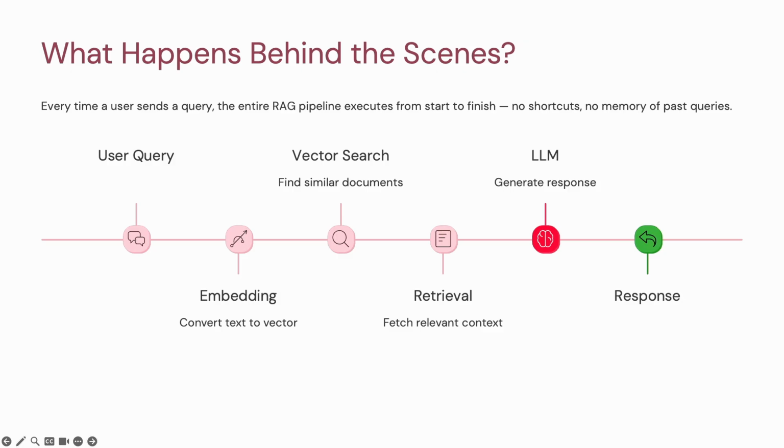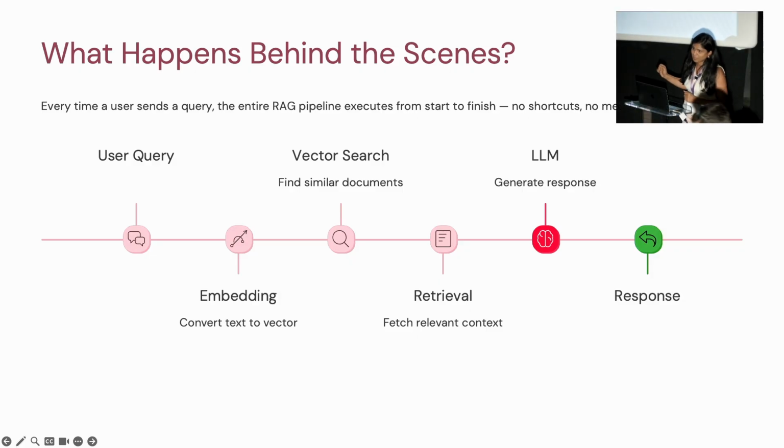And here is the most important part. For every question, the system runs the entire pipeline, which means even if the question was asked just a few seconds ago, even if the answer hasn't changed, still the system runs everything. There is no shortcut, no reuse, no memory. The system has no way of saying, I have seen this question before.